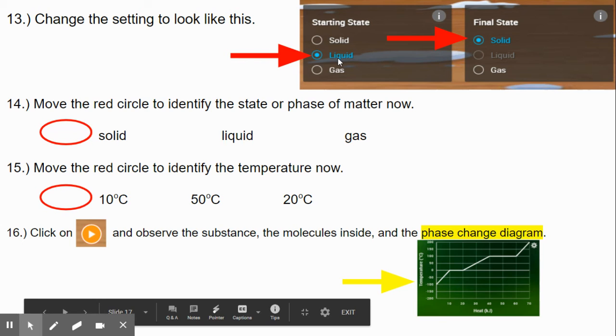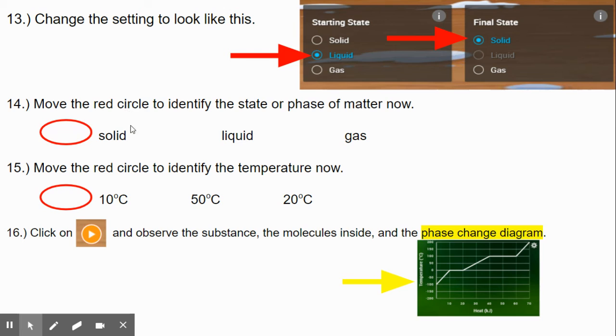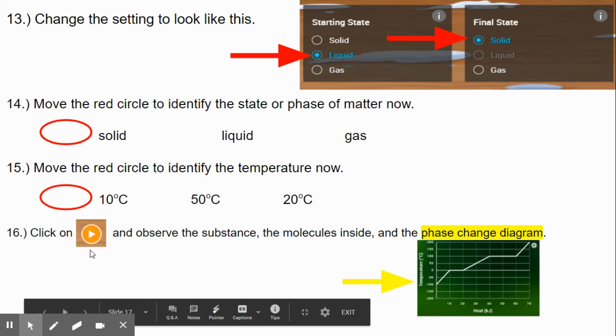Change the setting to go from liquid to a solid. Again, move the red circle to identify this phase of matter. Move the red circle to identify the temperature. Click on the play button. Observe the substance, the molecules inside, and the phase change diagram.